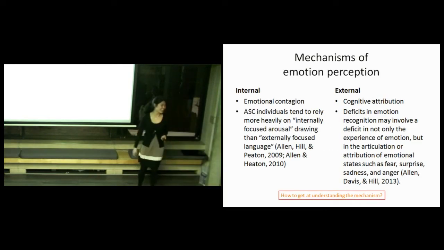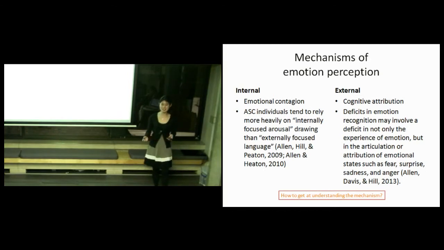Got it. So to investigate this question, you have to think about what mechanisms underlie emotion perception. And you can think of it in terms of two mechanisms, internal mechanisms and external mechanisms.